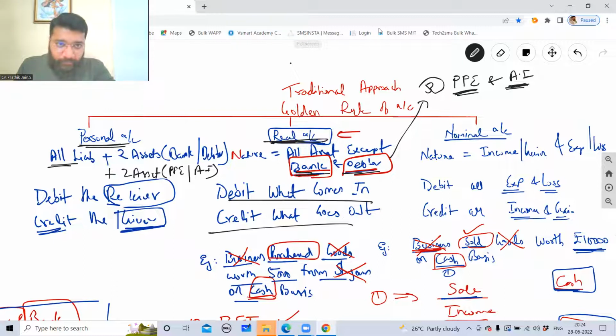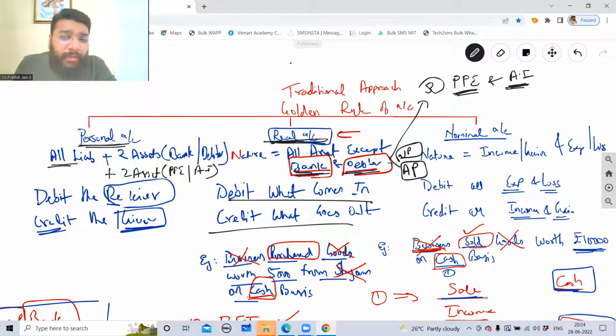Sir, you said in the real account all the assets will come except bank, debtor, prepaid expenses and accrued income. If the debtor is not an artificial person like a bank, then it is a natural person, so is it then included in the real account, or is it still personal?